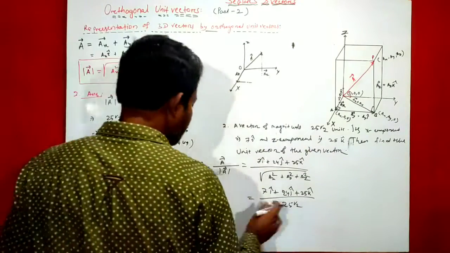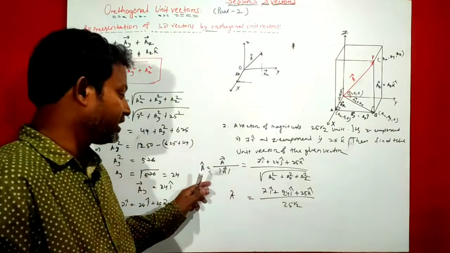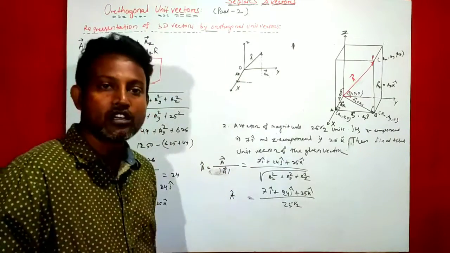This is our A cap, the unit vector of A. This is the unit vector of the given vector.